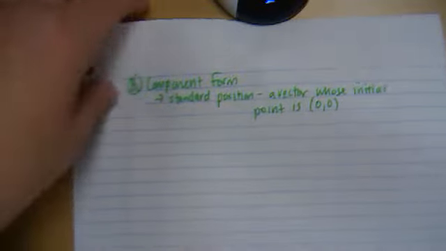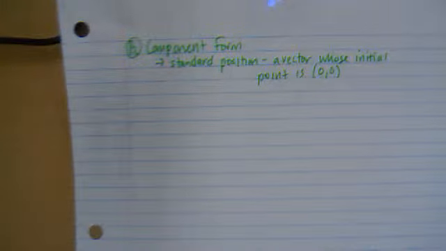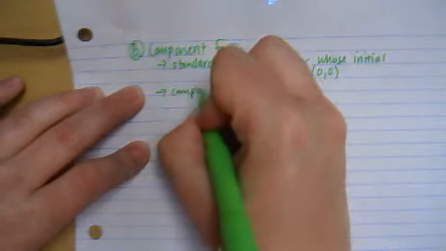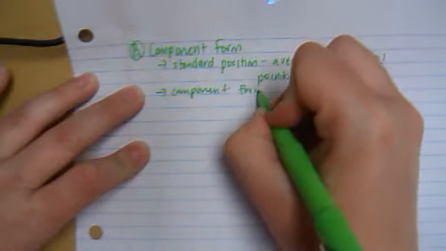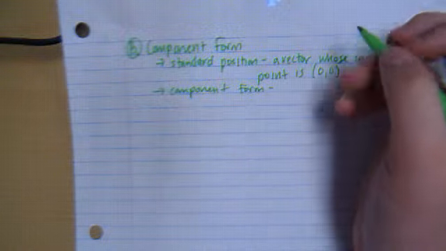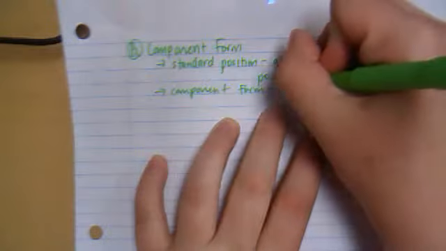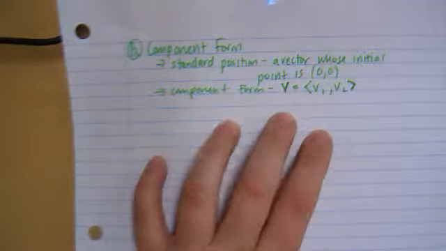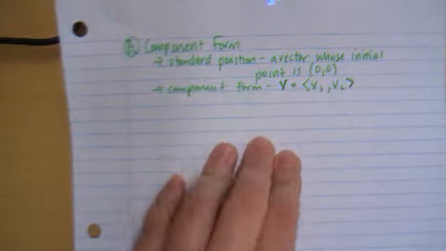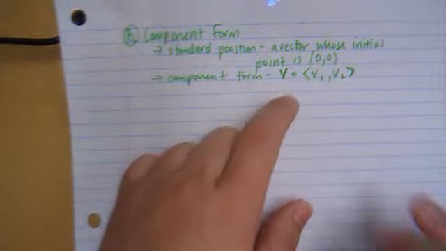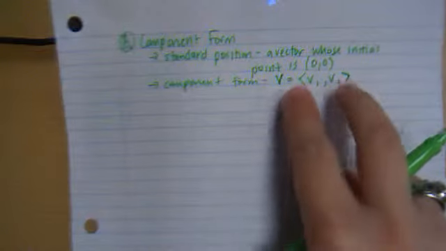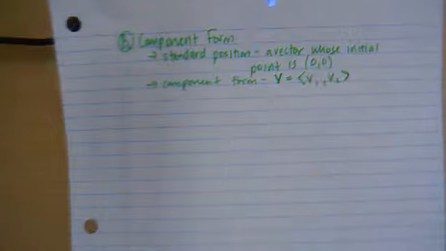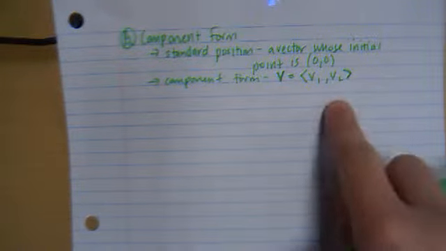A component form is when that happens, when it is standard position. So that's the next point, component form. It's written as vector v equals angle brackets v1, v2. So these are different kinds of brackets. They're kind of like inequality signs, less than, greater than signs. If it is written in this form, then it is assumed to always be true that its initial point is 0, 0. So always initial point is 0, 0.